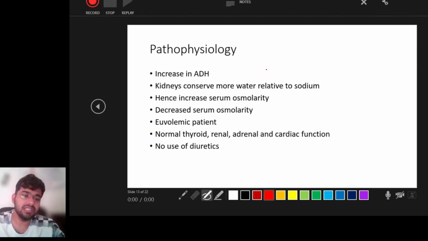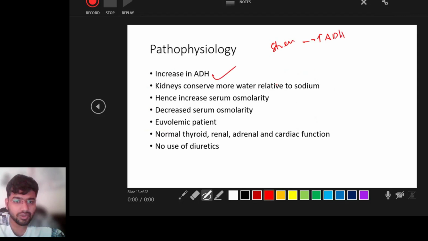So the pathophysiology, as I told, any stress can lead to an increase in ADH. This increase in ADH leads to the kidney conserving more water relative to the sodium. Hence, there will be an increase in urine osmolarity. This is not serum, this is urine osmolarity. Since water is conserved more, the urine is relatively concentrated, leading to increased urine sodium and increased urine osmolarity.